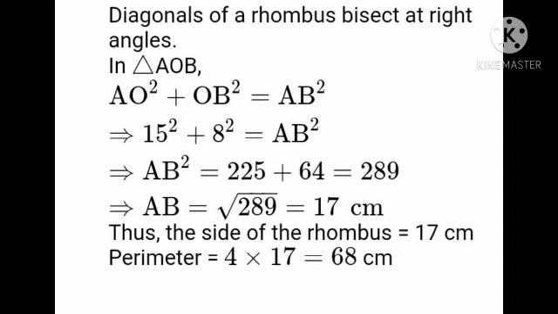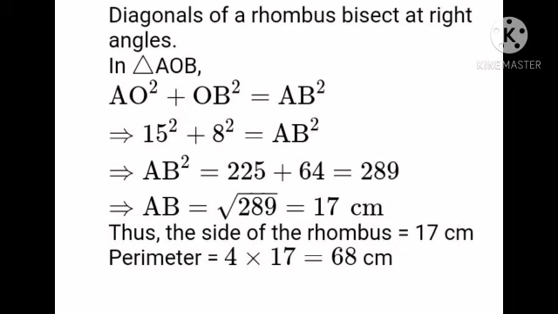Therefore, AB square is equal to 15 square is 225 and 8 square is 64. Therefore, AB square is equal to 225 plus 64, that is equal to 289. Therefore, AB is equal to square root of 289 is equal to 17 centimeter. Thus, the side of the rhombus is equal to 17 centimeter.